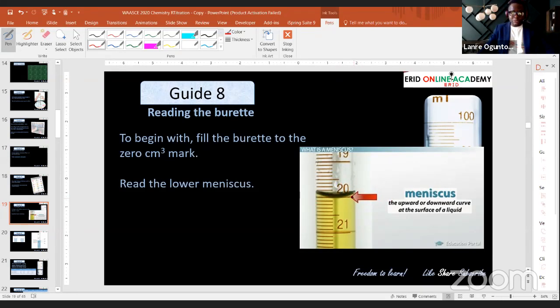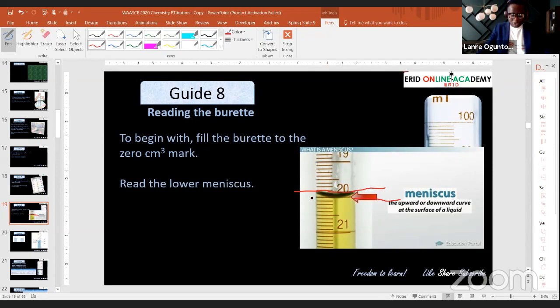That is what you read. At the top here I have another level of liquid. You don't read this level. If you read it, you'll get a volume that is lower than what it actually is.